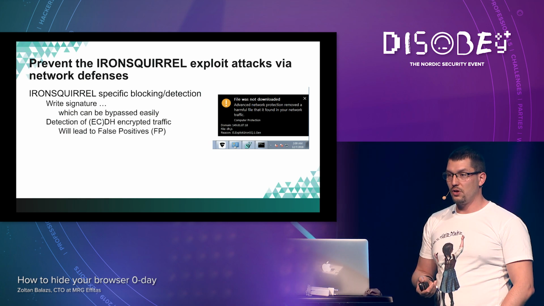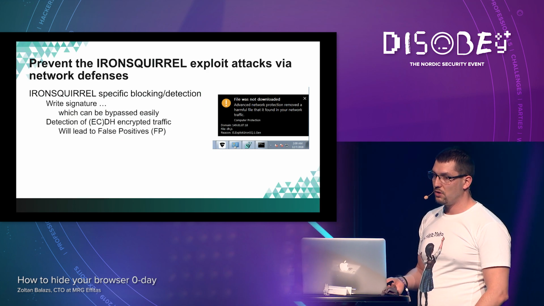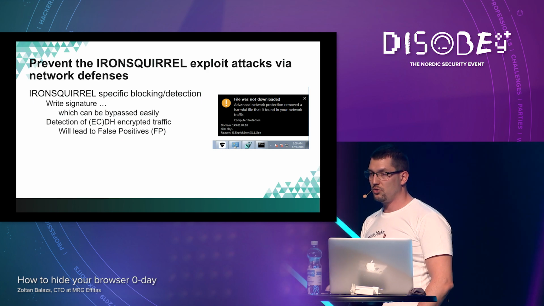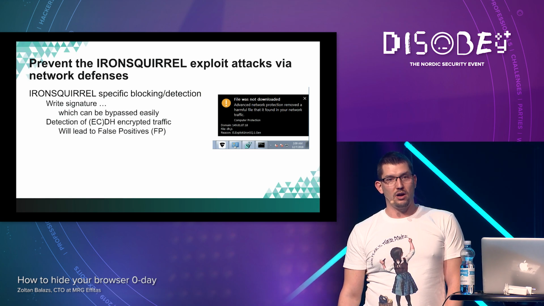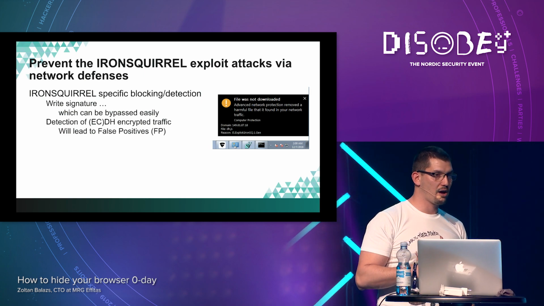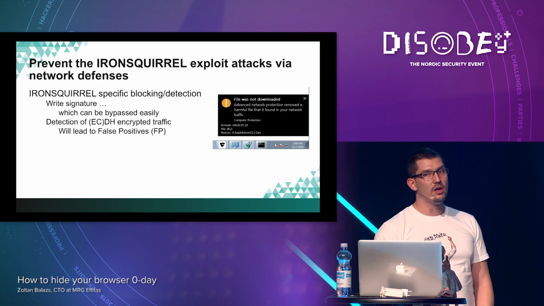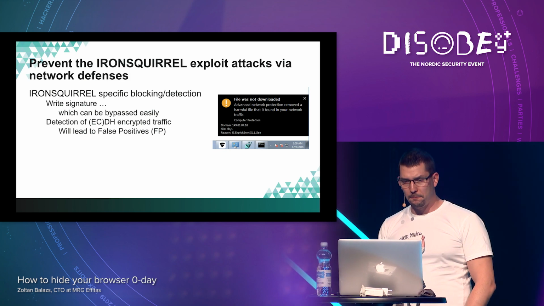Besides signatures, surely you can try to detect encrypted traffic on the wire, but it turns out there are other legitimate applications which use encryption on the JavaScript layer, so you will end up blocking those as well.